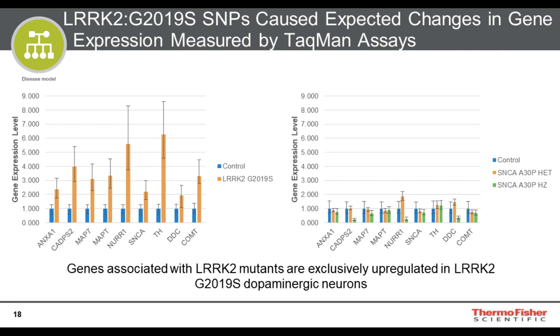And as you can see across the board, they are overexpressed in our system, comparing control with the LRRK2 mutant. And what's even more interesting is that these genes are not upregulated in our SNCA mutants. So this clearly indicates that this gene expression that we're observing in the LRRK2 mutant is specifically related to the LRRK2 mutant.